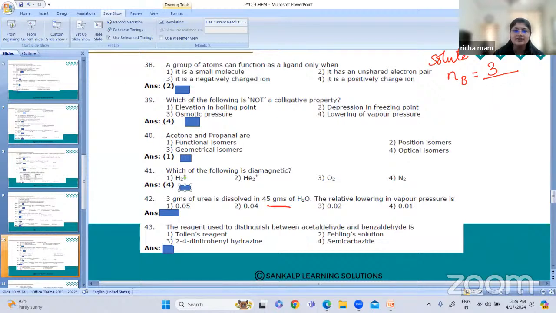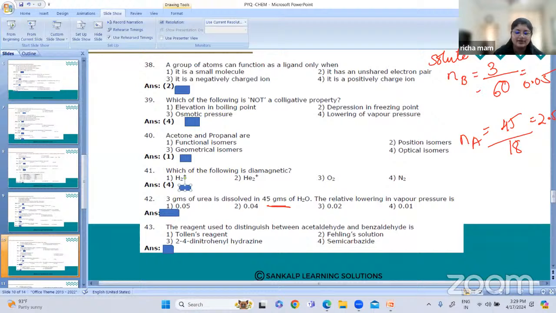And NA is of water: given mass of water is 45 and the molecular mass is 18. So 45 by 18 is 2.5 and 3 by 60 is 0.05.